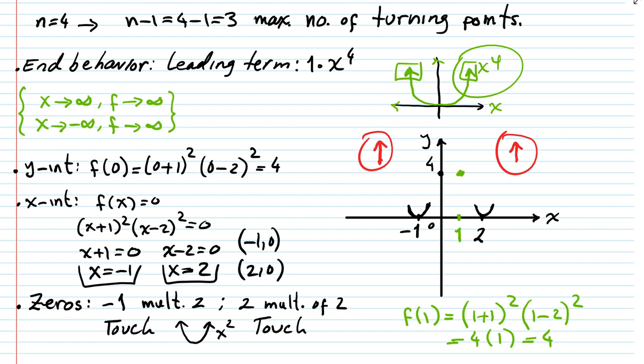Now, because the graph of this function has a degree greater than 1, it's not going to do anything like this. The point being, I'm not going to have a flat line here connecting these two. It's just not going to do that.